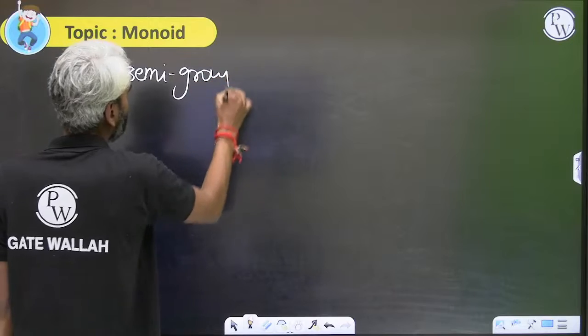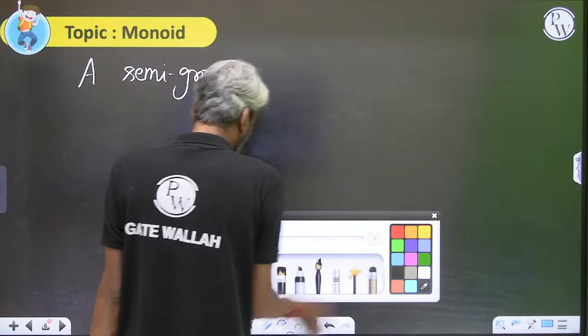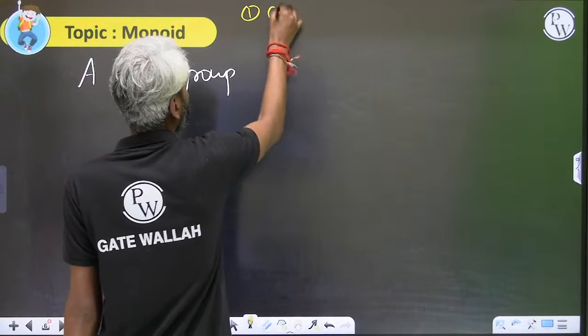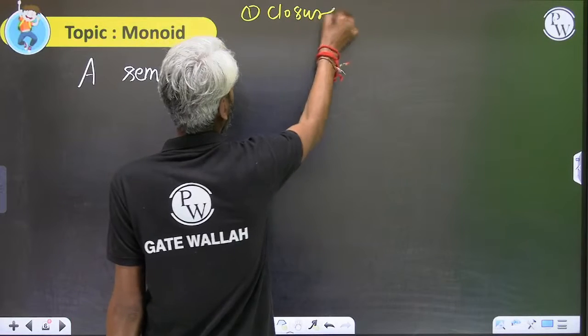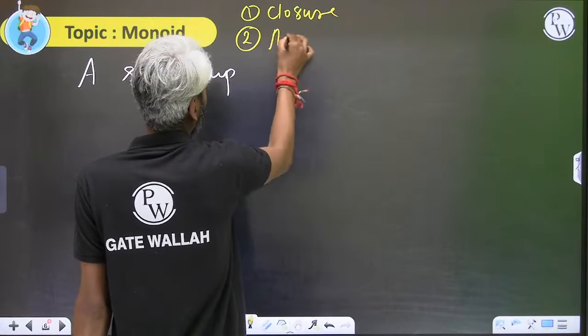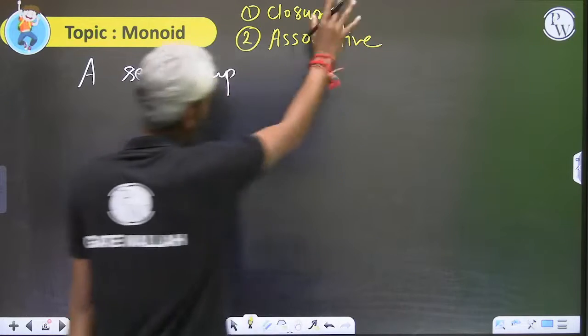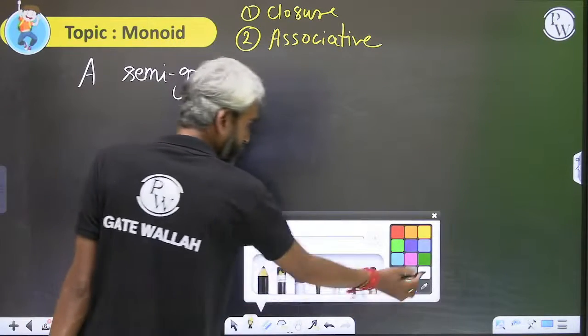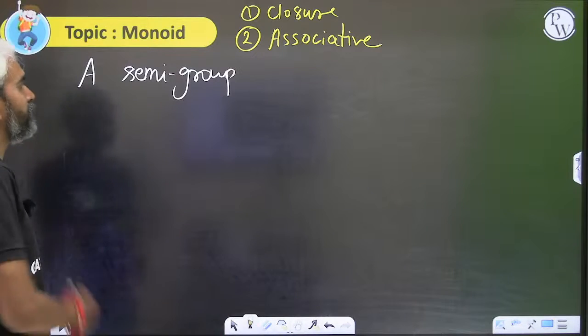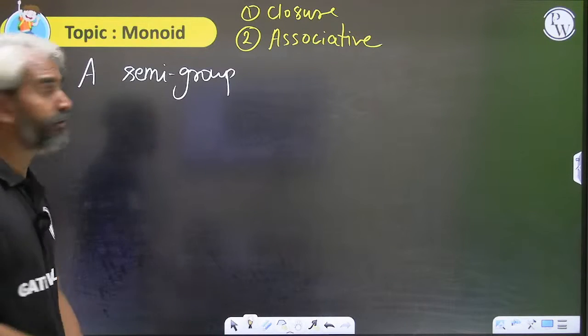The moment you said it should be a semigroup, we have said two different things: that it should be closed, and it should be associative. Otherwise, it cannot be a semigroup. If it is not a semigroup, it cannot be a monoid. So these two properties are definitely necessary properties for something to become a monoid.